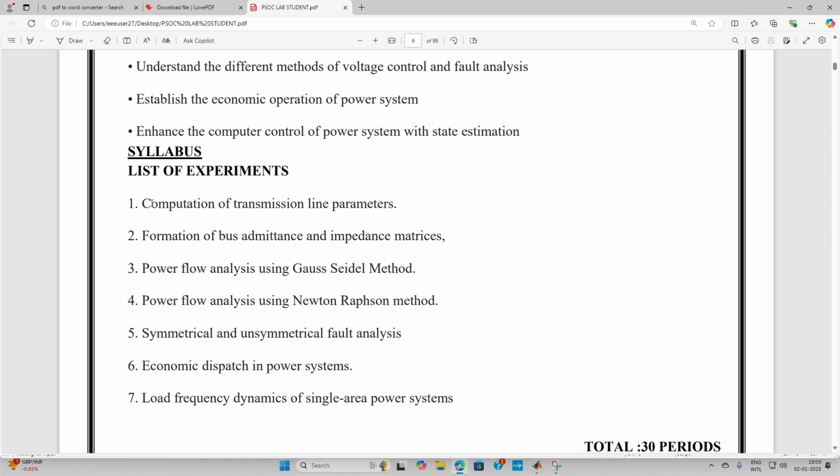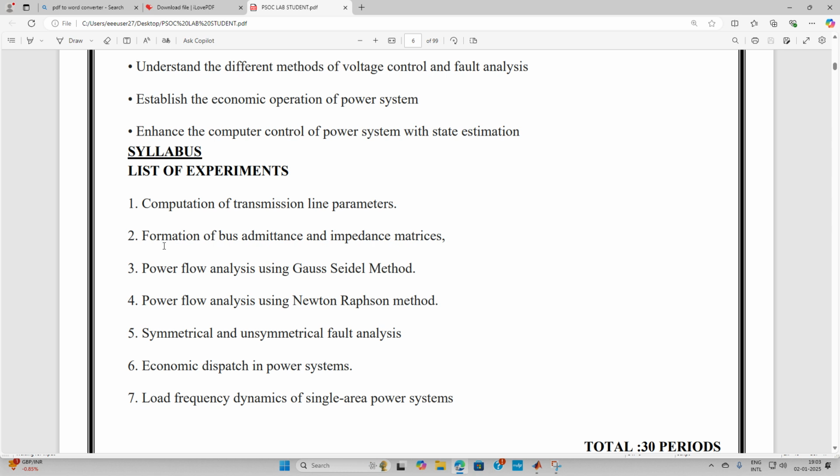First one: computation of transmission line parameters. In this experiment we discuss what the parameters are: resistance, capacitance, inductance and conductance. For these parameters, we are going to write a program, give the values, and then get the result.